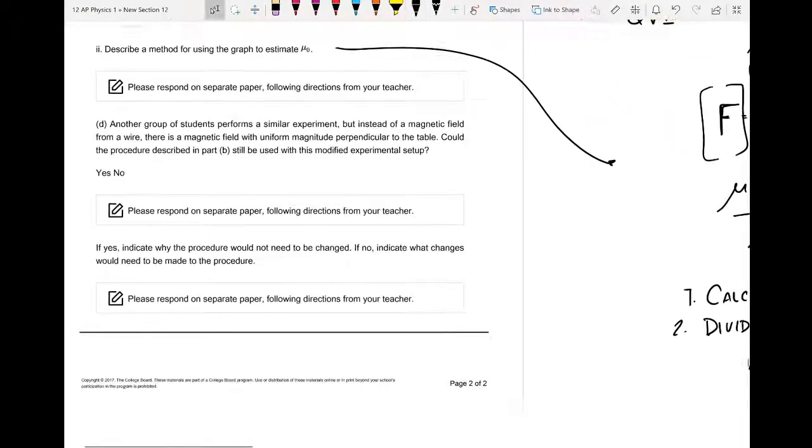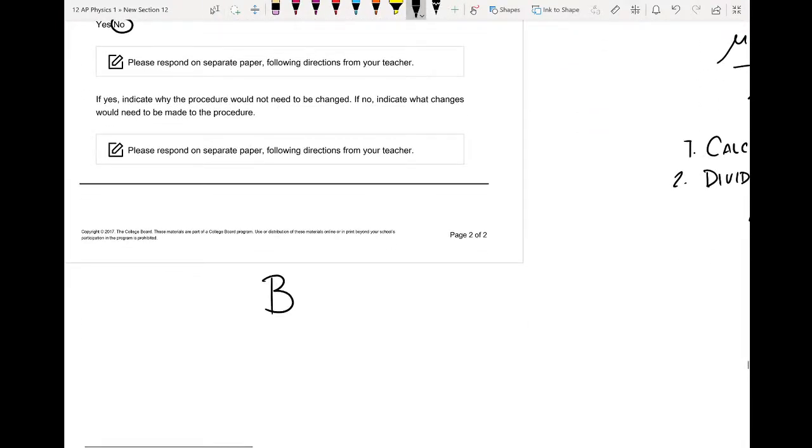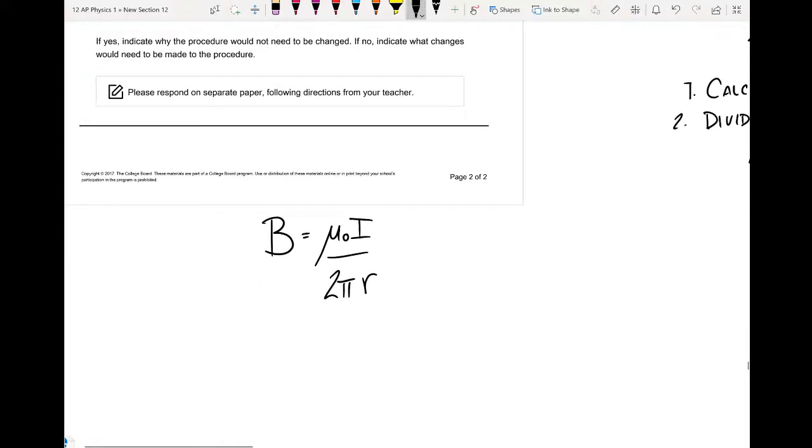Then another group of students performs a similar experiment, but instead of a magnetic field from a wire, there's a magnetic field with a uniform magnitude perpendicular to the table. Could the procedure described in part B still be used with the modified setup? For our case, the answer is no, because we set up an experiment where B is equal to mu naught I over 2 pi R. So our magnetic field is changing with distance.